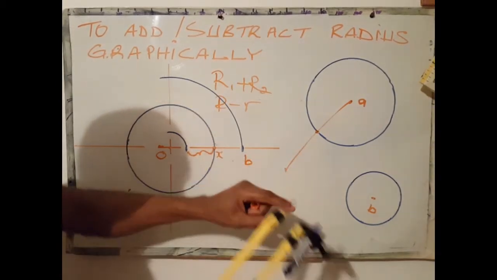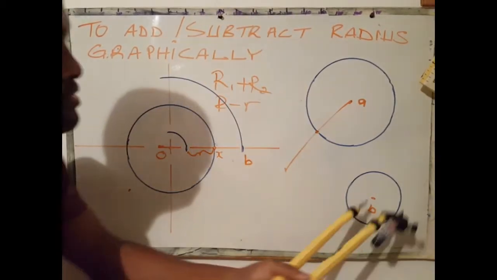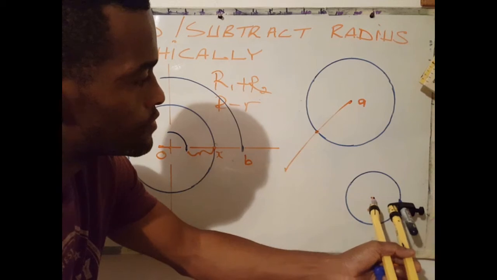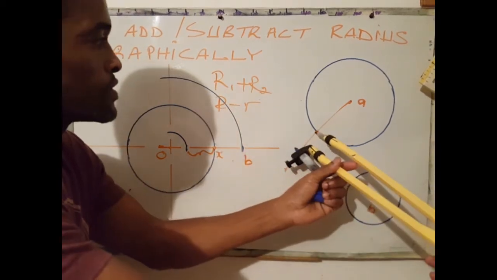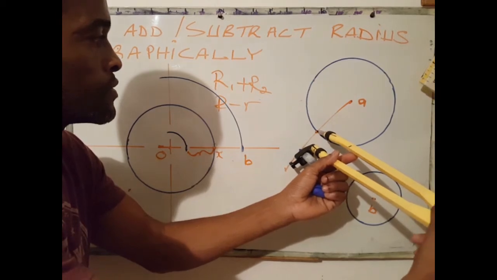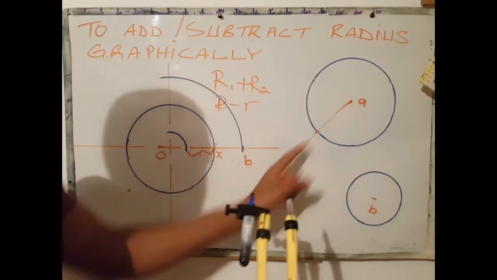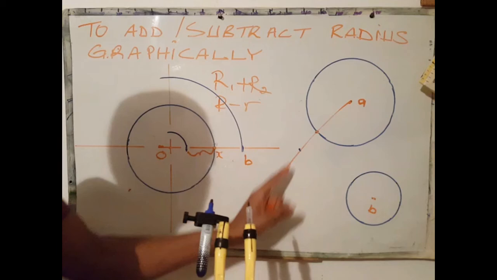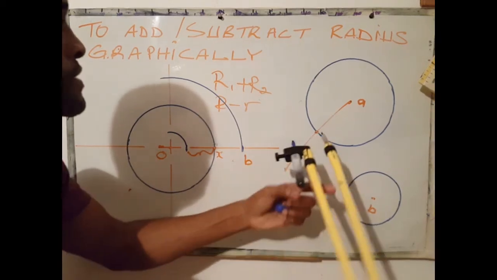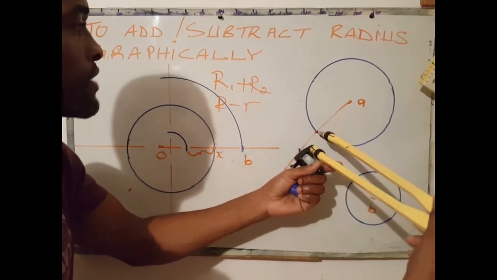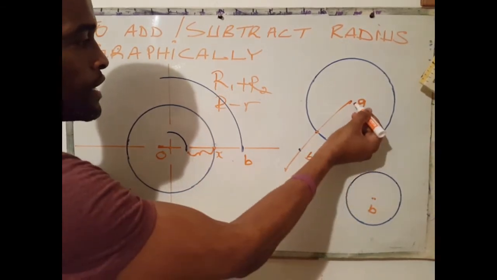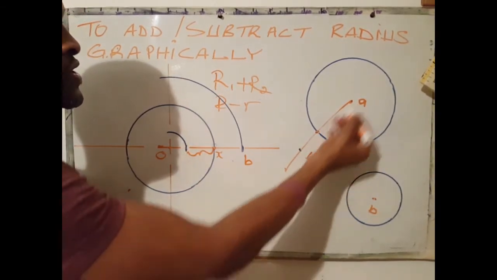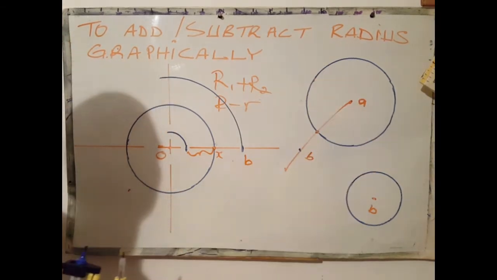If you wish to add radius, we simply use the point where the random length line cuts the circumference, use that point as center, scribe outward. From A to B now becomes the sum of both radius.